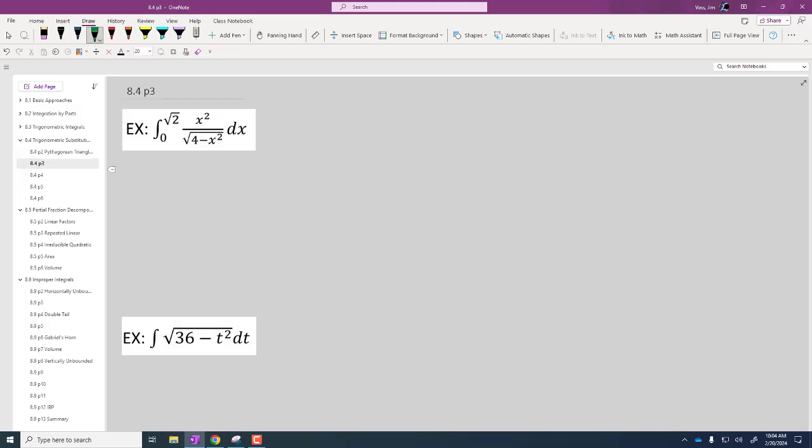All right, so how do we do this? So there we go. We look at that denominator, and we see a difference of squares. So the primary flag that you're looking for that says go trig sub is when you see a sum or difference of squares.